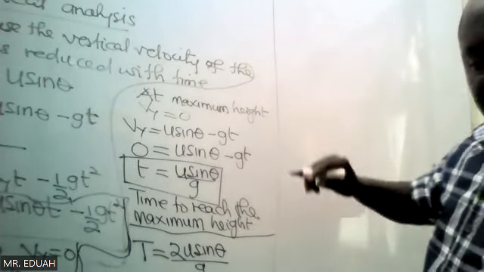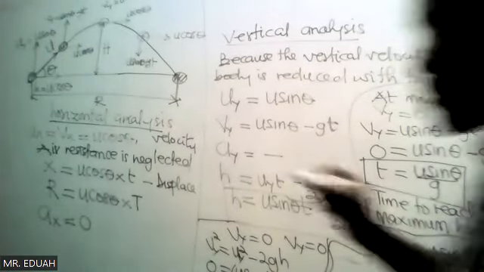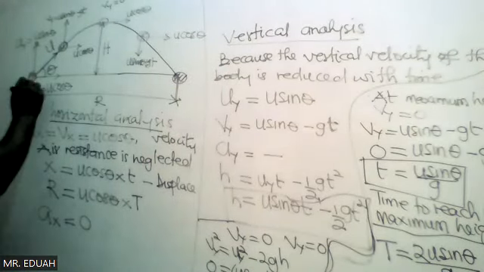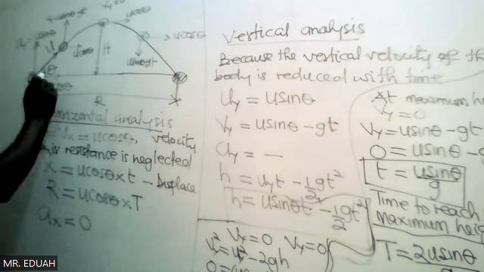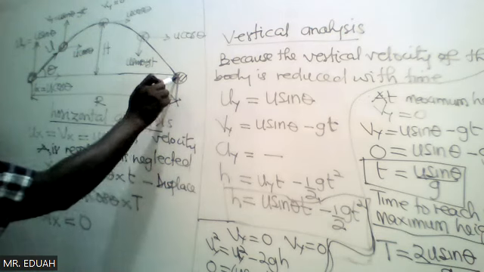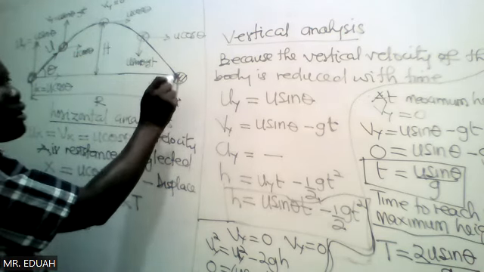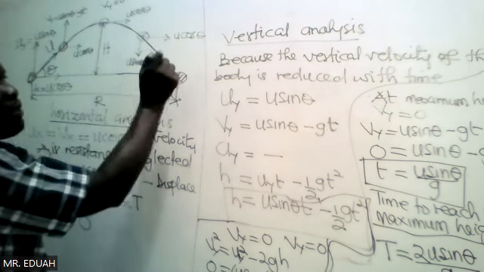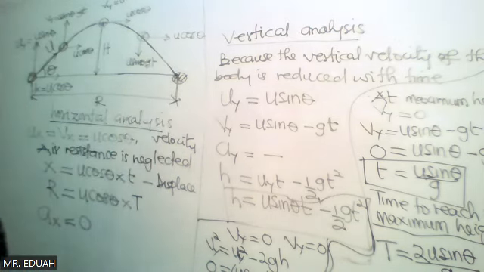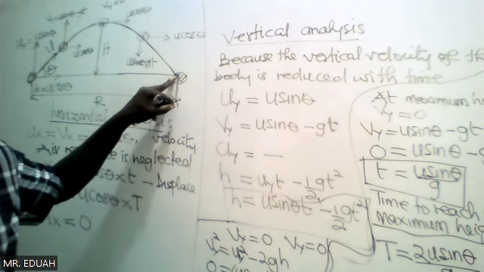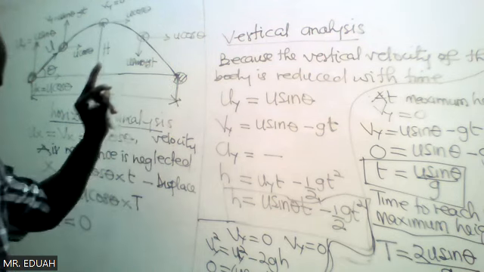Let's look at the diagram. When the body moves from this point, from here, and then drops back to the ground, from ground to ground, what is the value of the vertical displacement of the body when it drops back to the ground? It's 0.